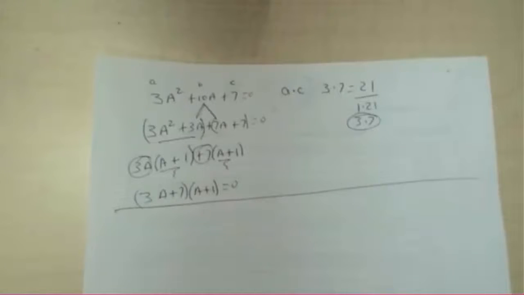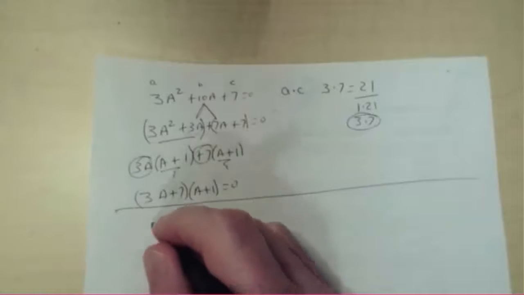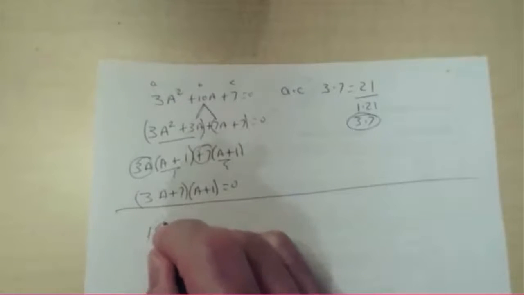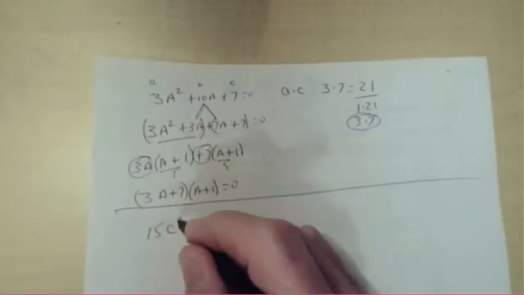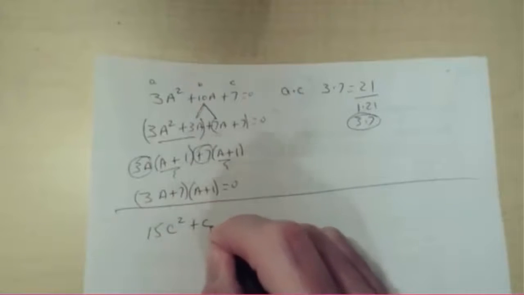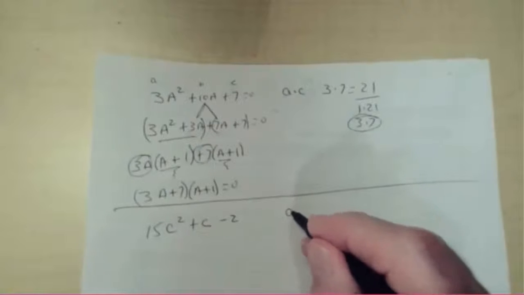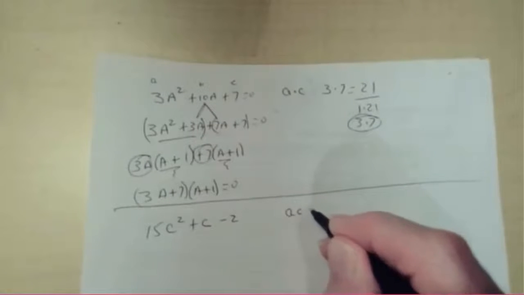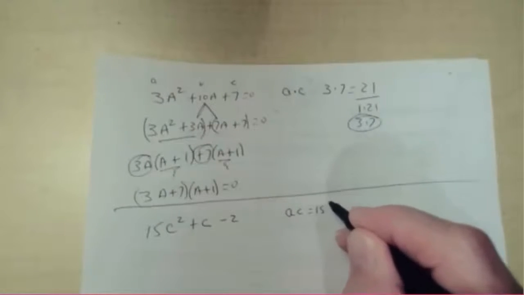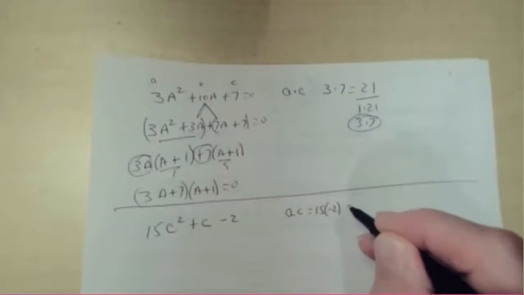Okay. What if we have this? 15c squared plus c minus 2. And again, the first thing we do is a times c, which is 15 times negative 2, which is negative 30.